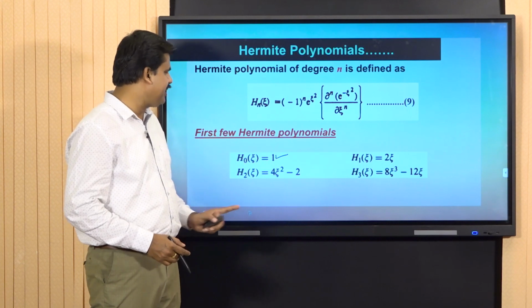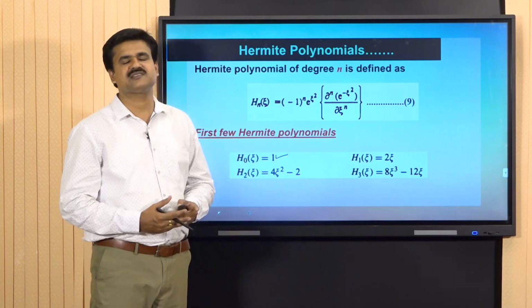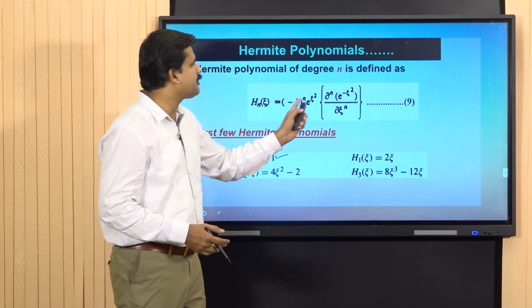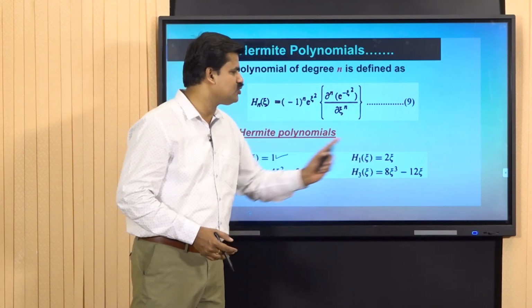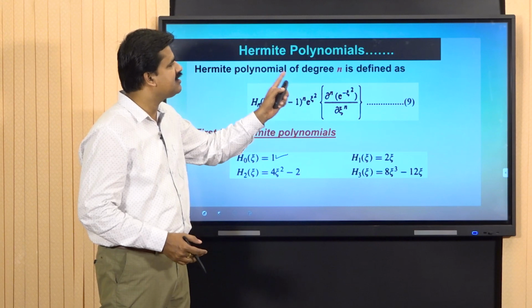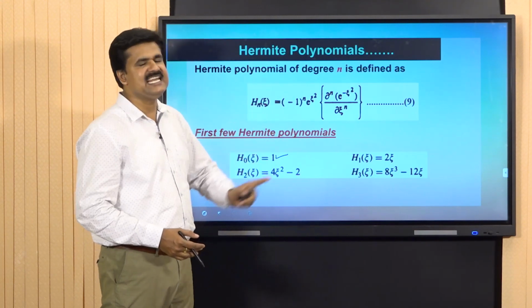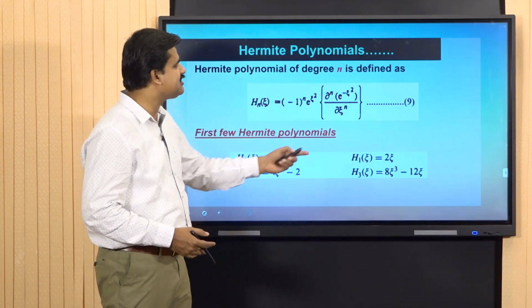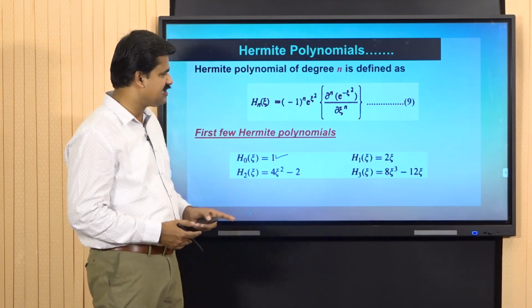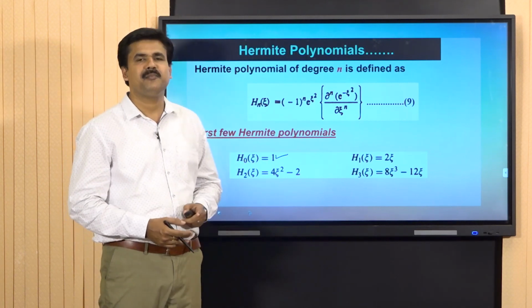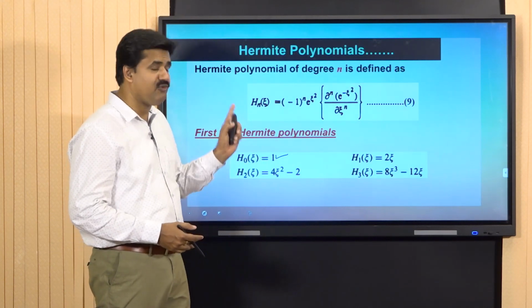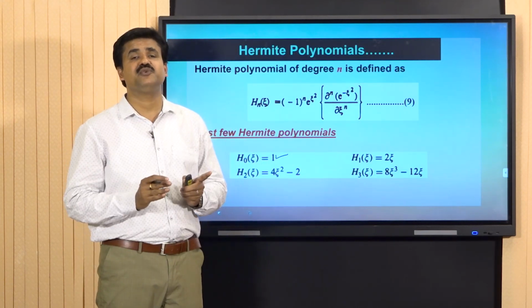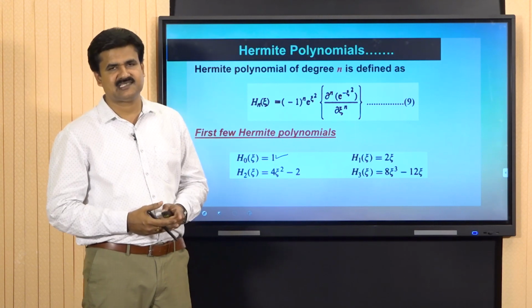If we put n equal to 1, we get H1(ψ) equal to 2ψ. For n equal to 2, H2(ψ) is equal to 4ψ² minus 2. And if we put the degree n equal to 3, we get the value of H3(ψ) as 8ψ³ minus 12ψ. So, these are the values of the first few Hermite polynomials.